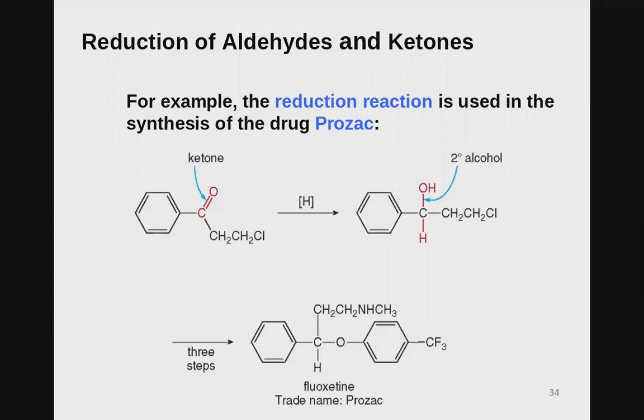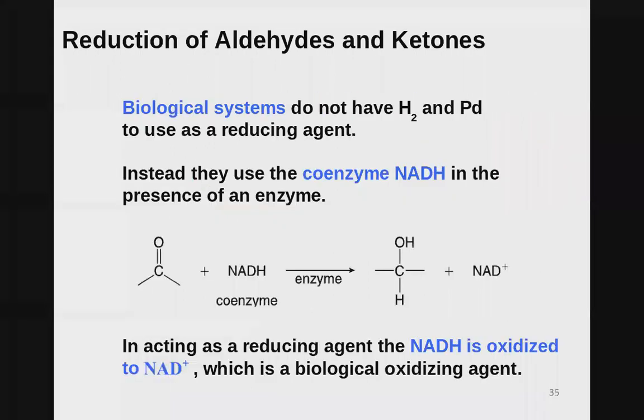Then we have a subsequent reaction that basically takes this mess of a substance here and replaces it with a benzene ring, or as I say, tacks on a benzene ring here with a CF group here as well. So this is how we make Prozac chemically. In case you wanted to know, there are lots of cool examples of oxidation and reduction reactions in the world of biopharmaceuticals. Just as a note, if you're interested in that.